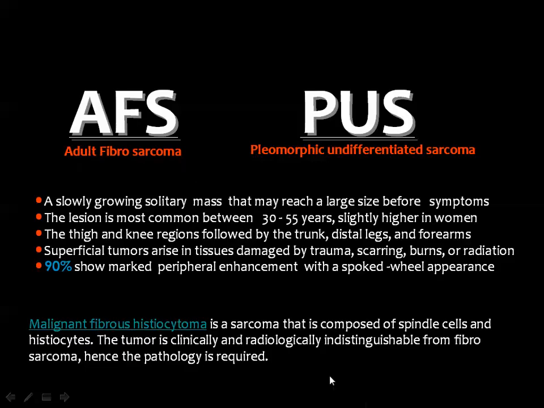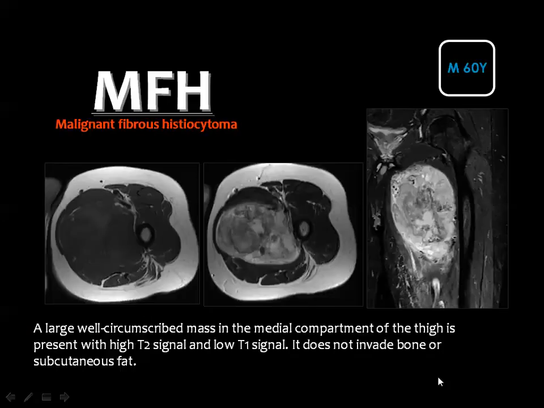We are dealing with the benign fibrous histiocytoma, and the malignant form of this tumor is the malignant fibrous histiocytoma, which is considered analogous to adult fibrosarcoma, and both are included under this title, which is pleomorphic undifferentiated sarcoma.